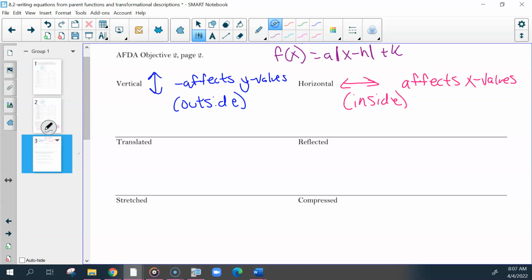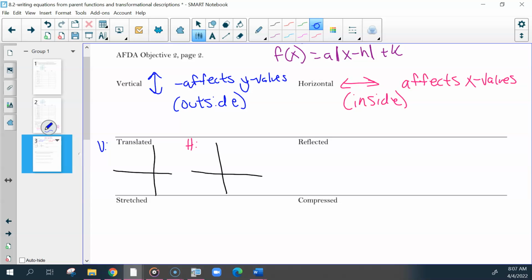Okay, so I'm going to draw two axes. One's going to be vertical and one's going to be horizontal. The first thing I'm going to do in both is draw my parent function.